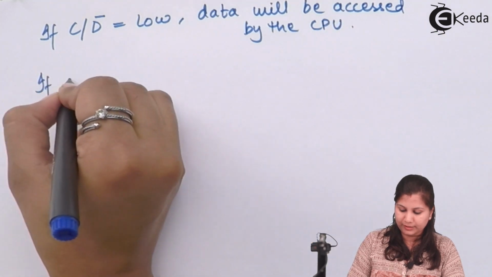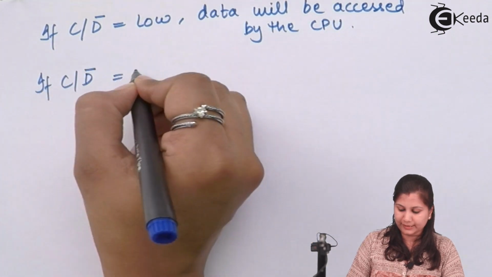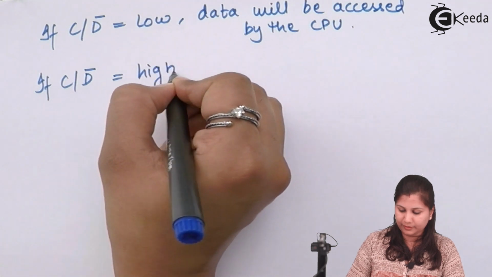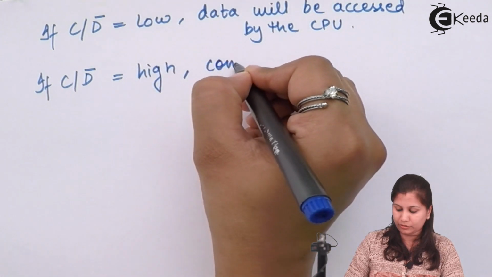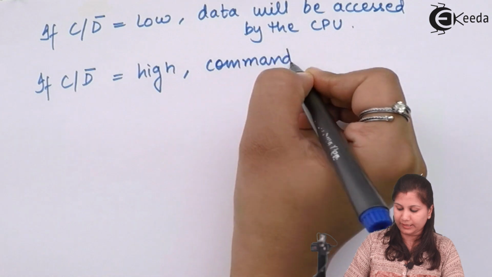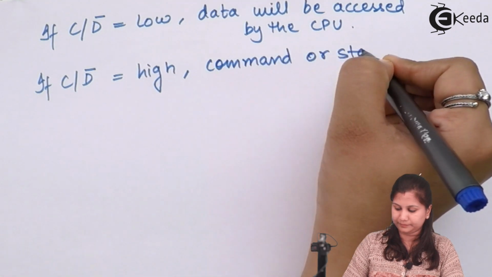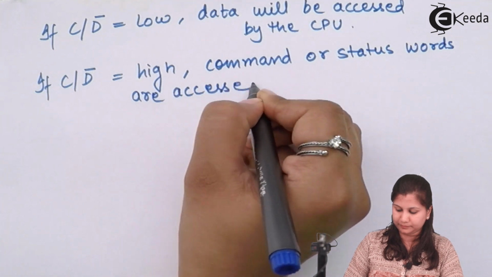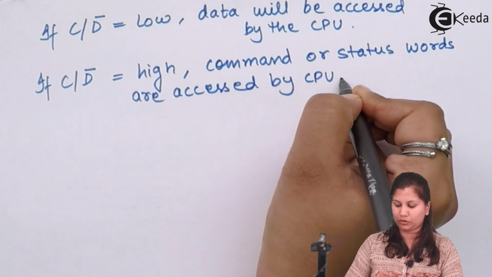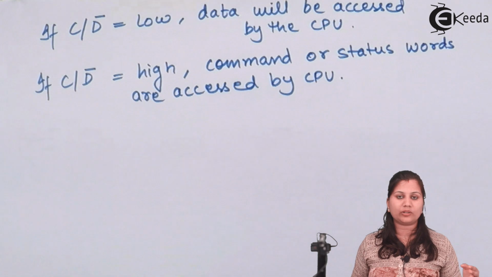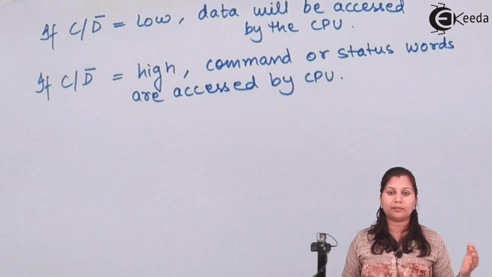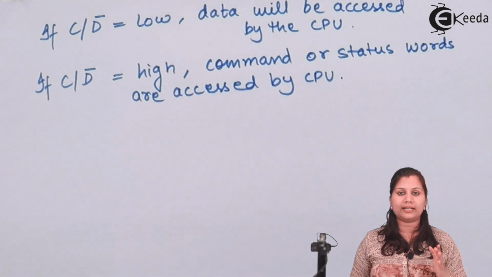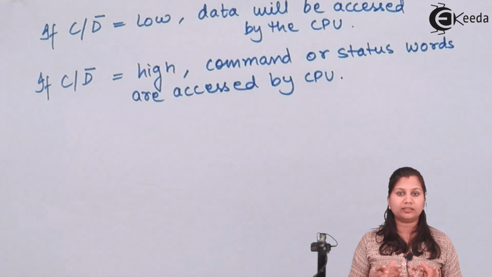And if C, D bar is high, then command or status words will be accessed. So this pin decides whether it is the command word or status word, or an 8-bit data that is received or transmitted.